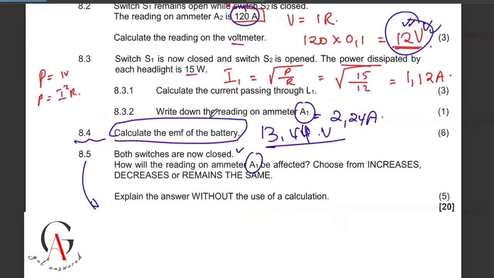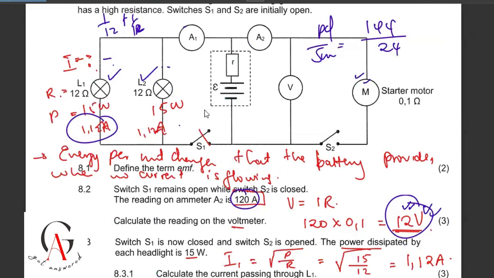All right, then when both switches are now closed, how will the reading on the ammeter A1 be affected? Choose increase, decrease, or stay the same. Now, if you close this and close that, this motor together with the lights are going to be in parallel, meaning that the effective resistance is going to be smaller than 0.1. And if the effective resistance decreases, the current flowing through the circuit is going to increase.